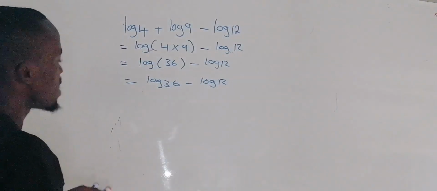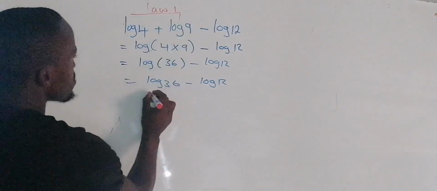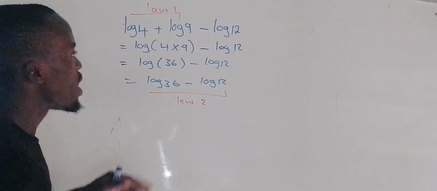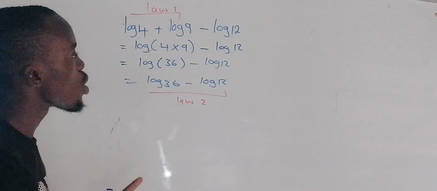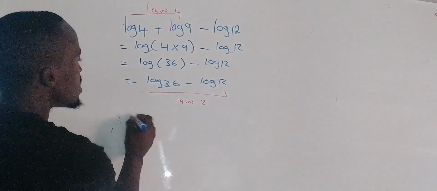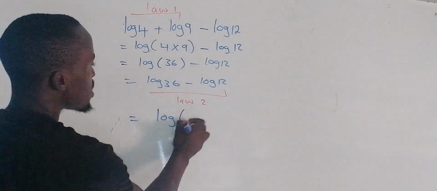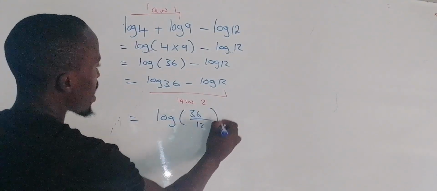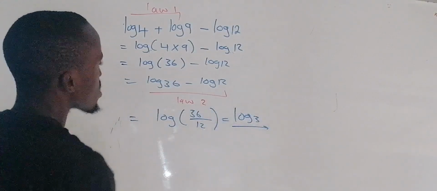You see now that this actually was law number 1, then this becomes law number 2, which is the log of a quotient equals the difference of the logarithms, meaning that this can be written like this: log 36 over 12. The answer becomes log 3. So this is our answer.